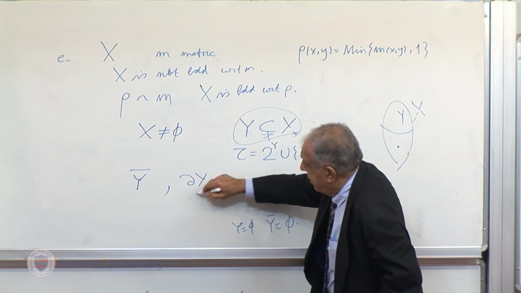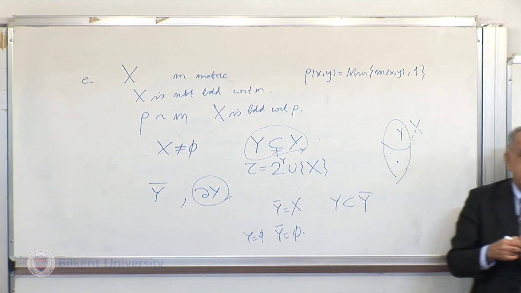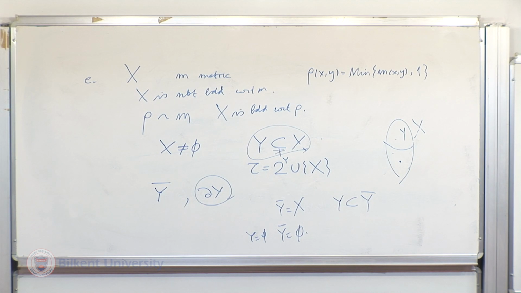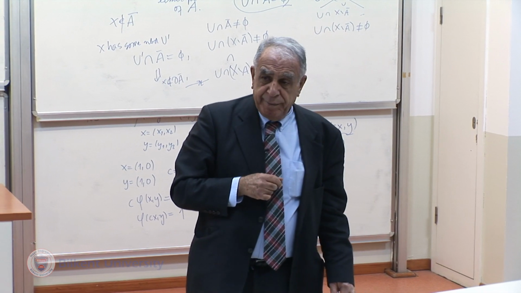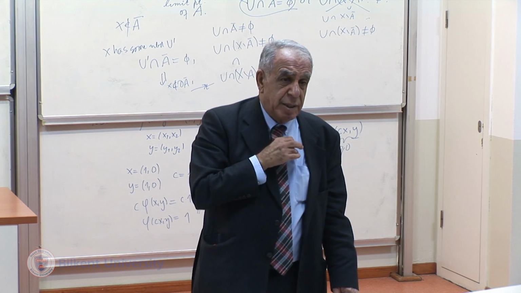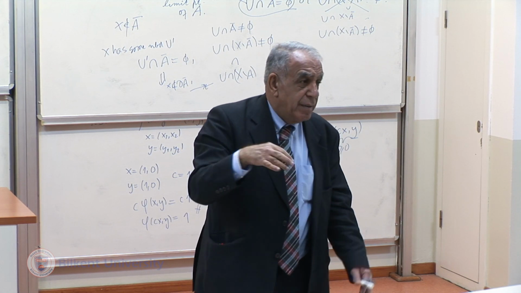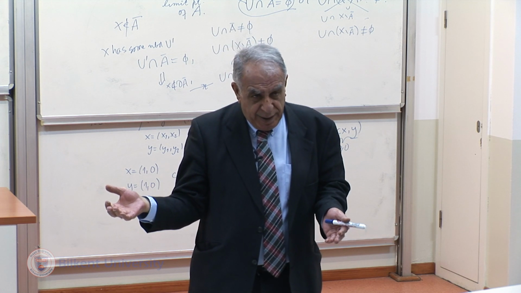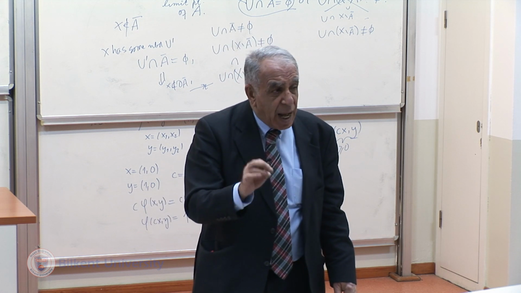What about the boundary? Well, consider a point belonging to Y. Can it be a boundary point of cap Y? No. Y itself is open. Just take Y as a neighborhood of any of its points. The intersection of that with the complement of Y will be empty. Okay? What about a point outside Y?